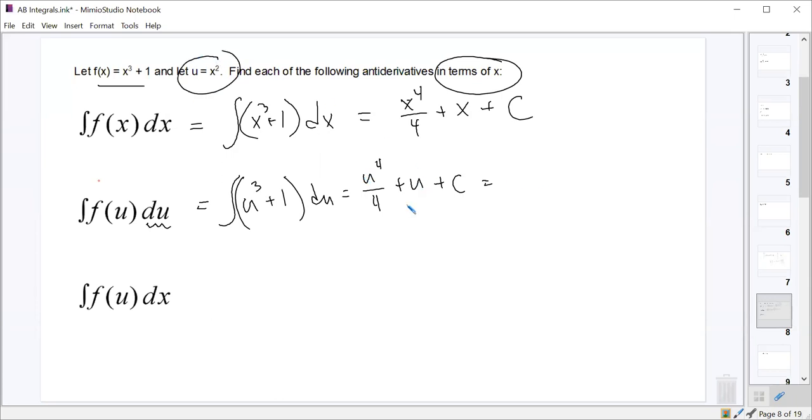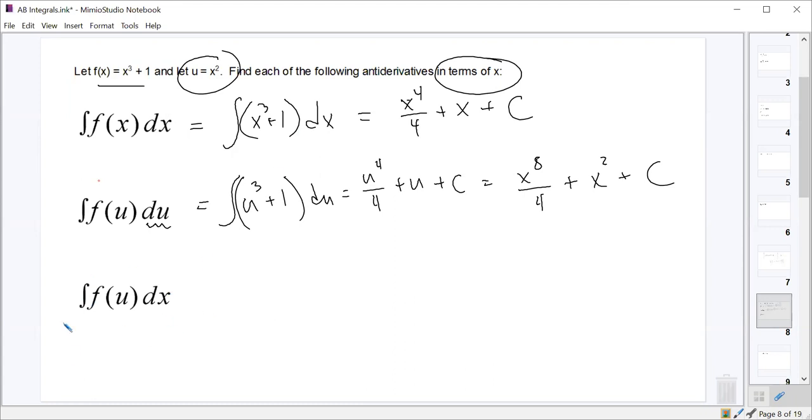So what does that give me? X to the 8th over 4 plus x squared plus c. Everybody agree and good with that? Okay. So we'll note that the integral of f of x dx is very different than the integral of f of u du if I have some substitution for what u is equal to in terms of x.